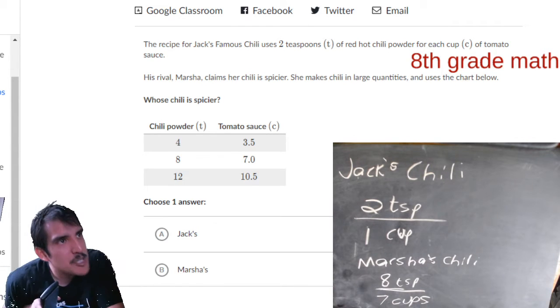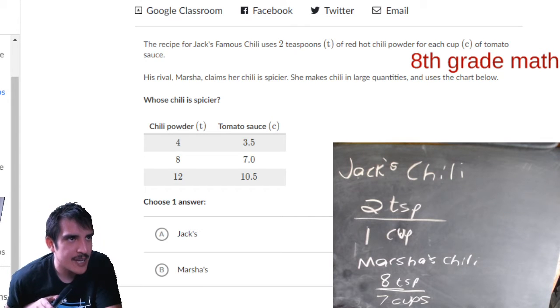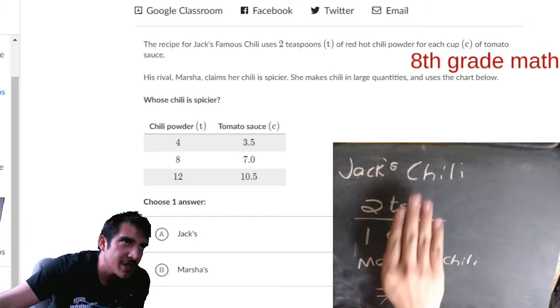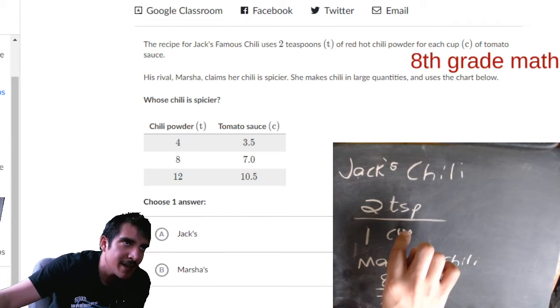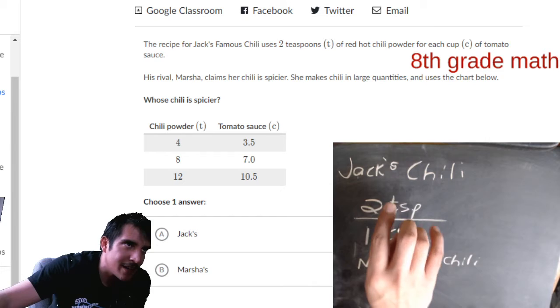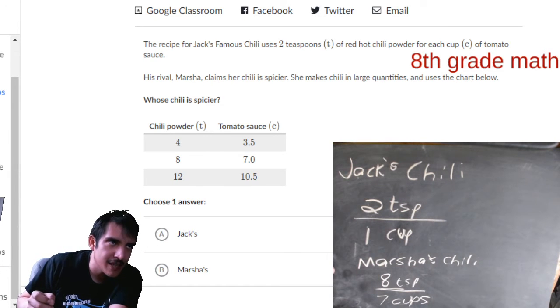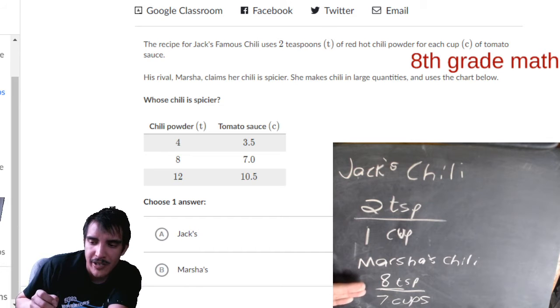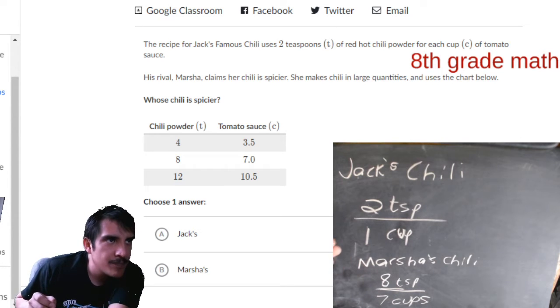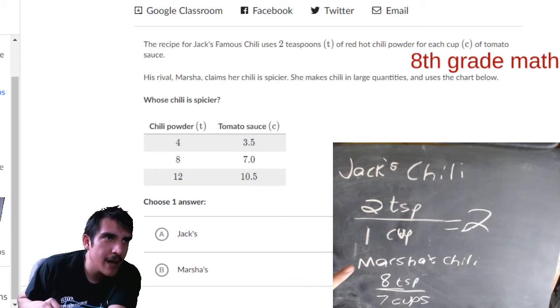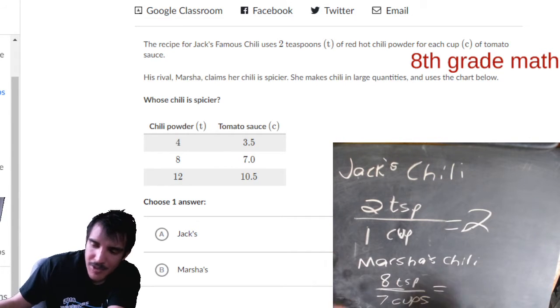So which value is greater? I bet you guys can actually answer this right now. Even without using the calculator, Jack's chili, the ratio of chili to tomato is 2 to 1, right? Or like the fraction is 2 over 1. Marsha's chili is 8 over 7. So what has a greater rate of chili? 2 over 1, which equals 2, or 8/7, which equals, well, what does 8/7 equal?